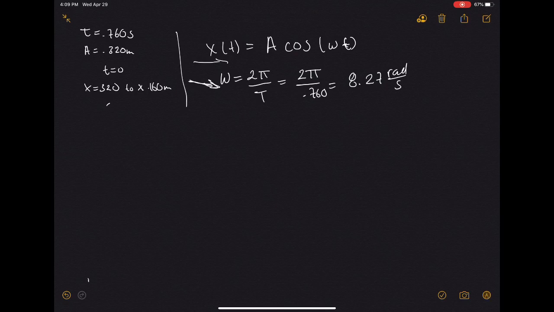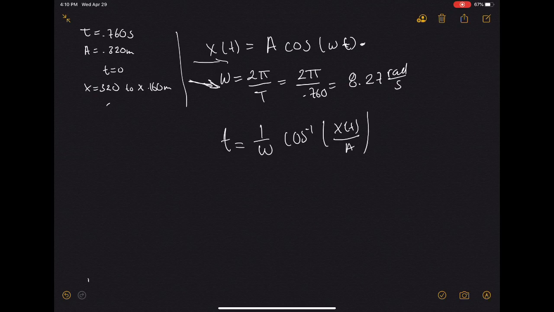So now we have to solve for t in this formula in order to get the time we need. So we're going to solve for time first. t equals 1 over omega times inverse cosine of x of t over the amplitude.